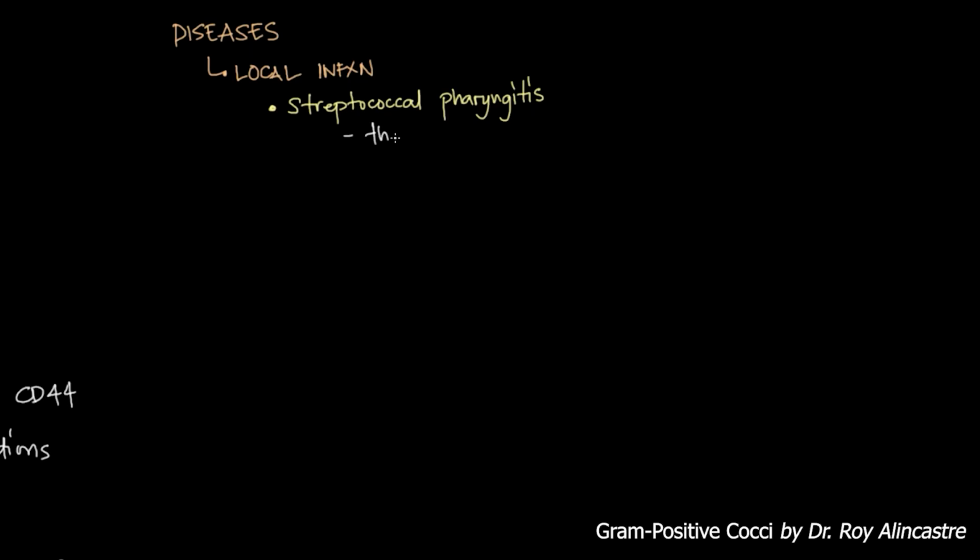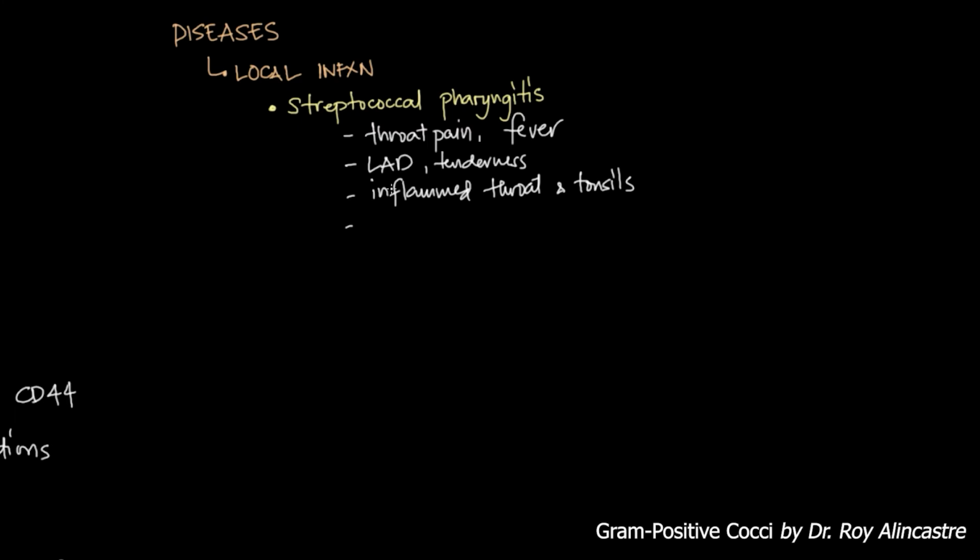So streptococcal pharyngitis is characterized by throat pain and fever. It is also associated with lymphadenopathy or enlargement of lymph nodes, which can be tender or painful. You will also see on examination an inflamed throat and inflamed tonsils, and often yellowish exudate or pus formation.